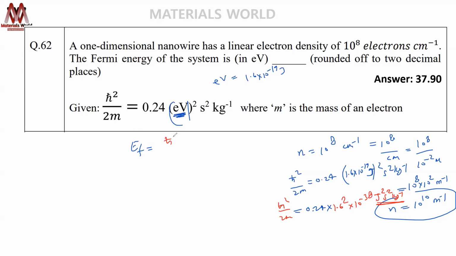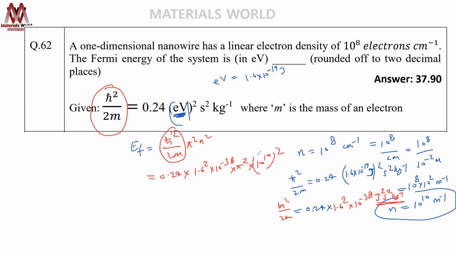What is my E_F? ħ square by 2m. See, if you remember this now, you don't need to do the derivation also. Your mind will tell, oh, ħ square by 2m, and the rest is π square n square. So this is already given. How much? 0.24 into 1.6 square into 10 power minus 38 into π square into n square. n is 10 power 10, to the whole square.